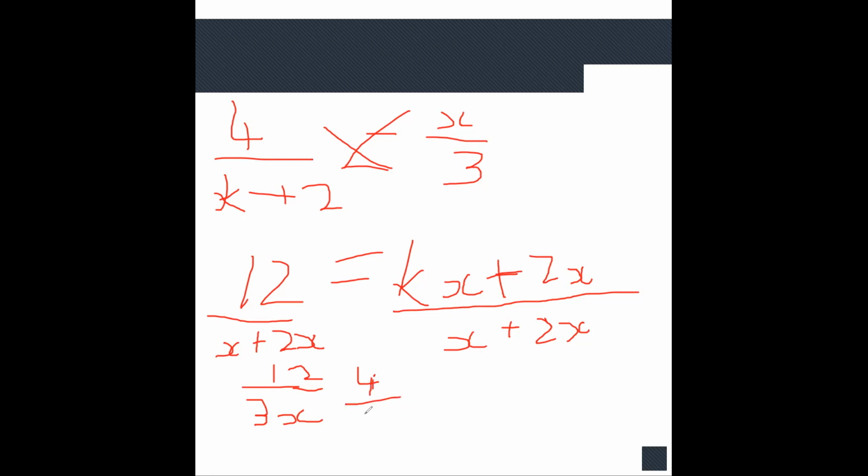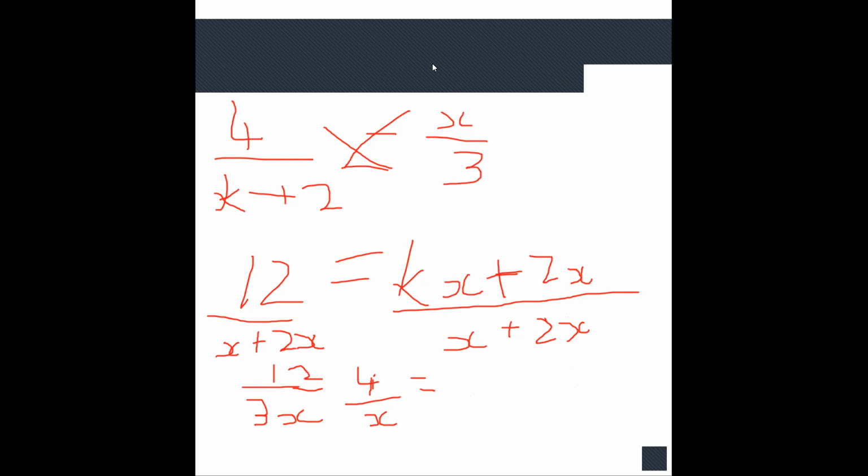Okay, so wait, how did you get k by itself? You divided kx plus 2x by x plus 2x, leaving just the k by itself. Yeah, you can't do that. You can't do that.